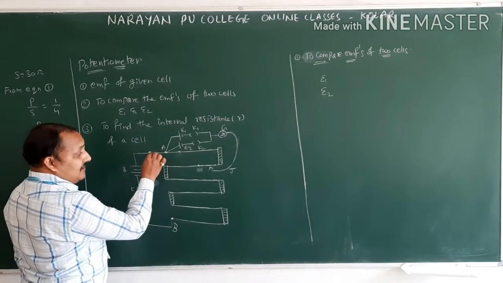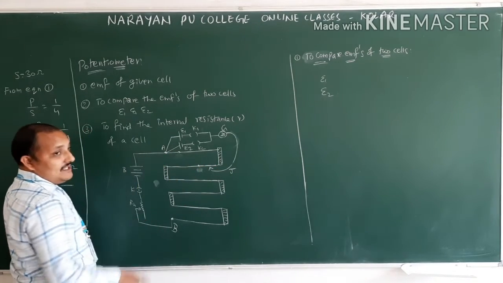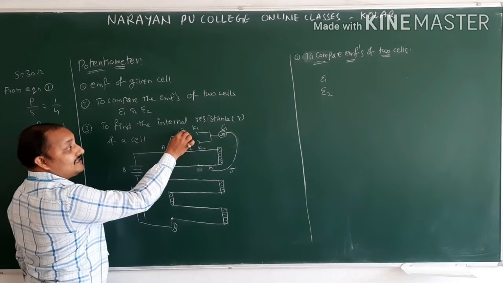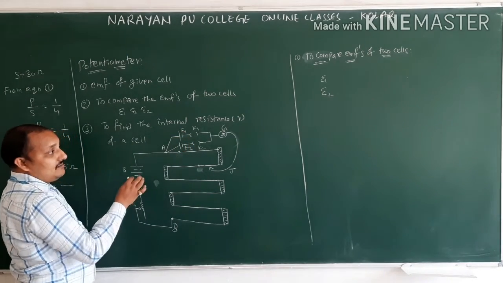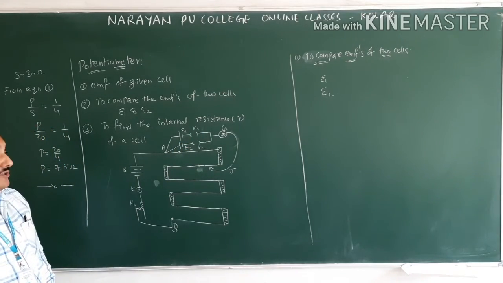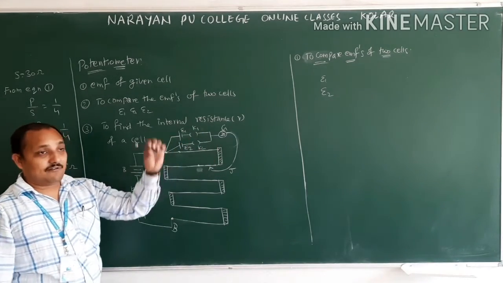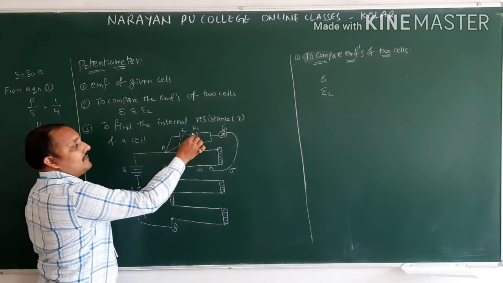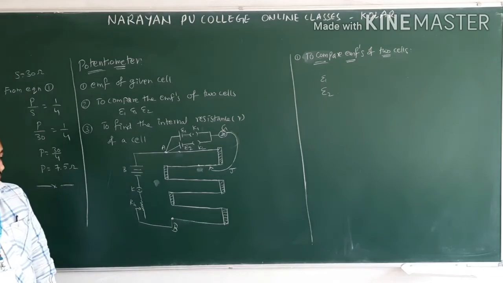Now see here. Some amount of current is passing through this potentiometer, and this cell is also sending some amount of current. We are going to make this current 0 in the galvanometer. How? First close key K1.